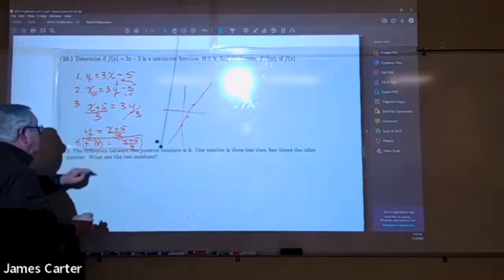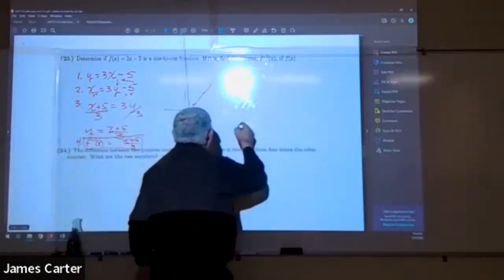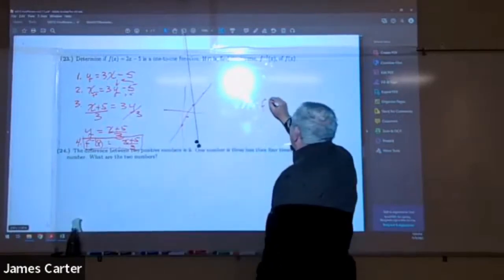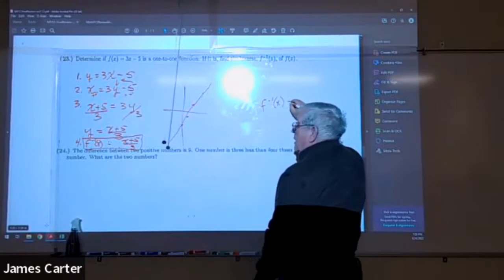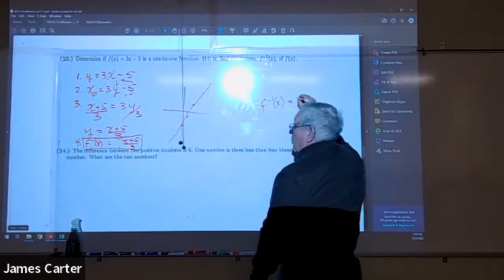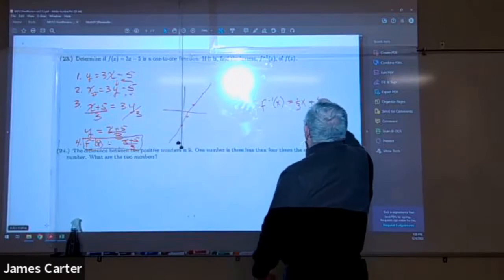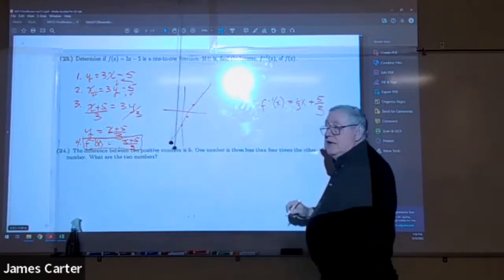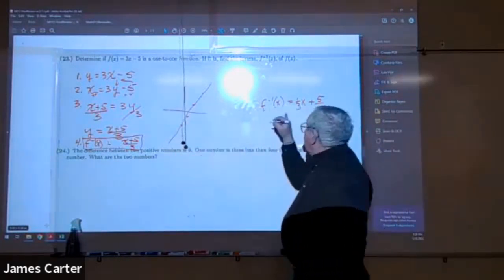This one, if you rewrite it so that it becomes F inverse of X equals 1/3 X plus 5/3, that and that are the same.